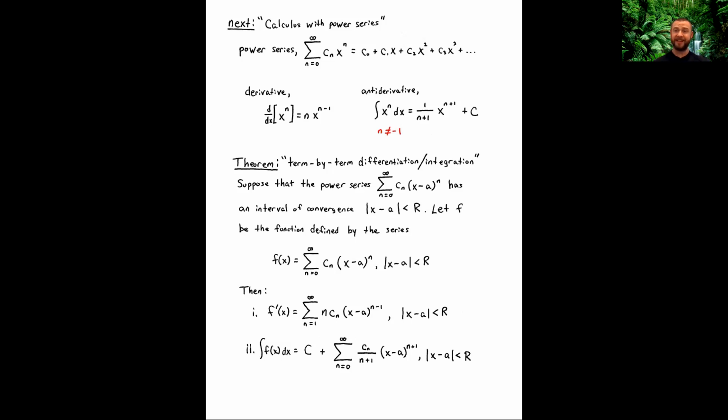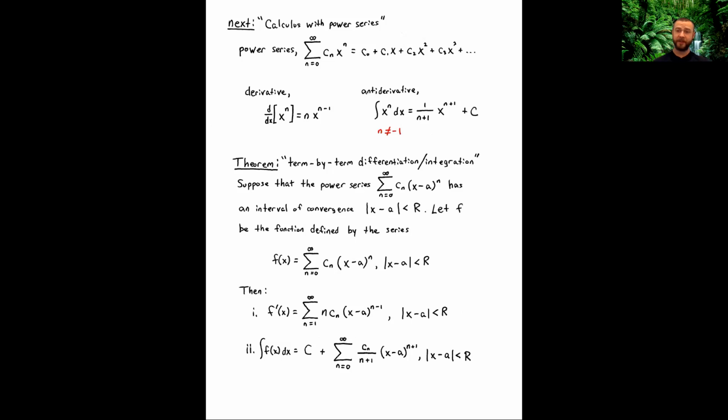The endpoints being the left endpoint, little a minus capital R, and the right endpoint being little a plus capital R. So the result says if your function and its power series representation has a certain radius of convergence, then your derivative power series representation has the same radius of convergence.